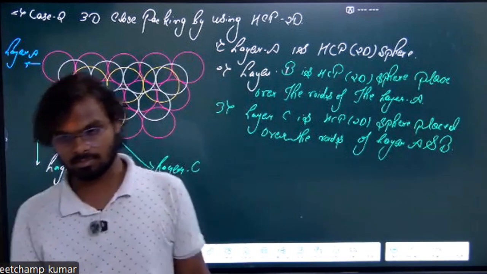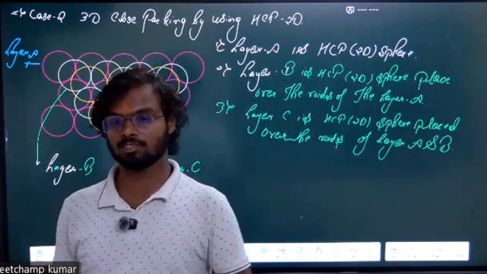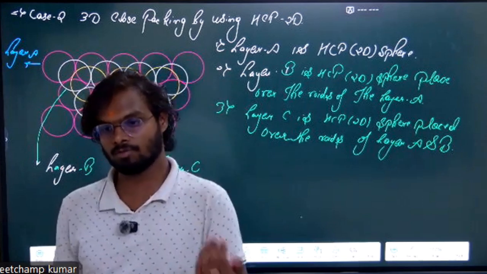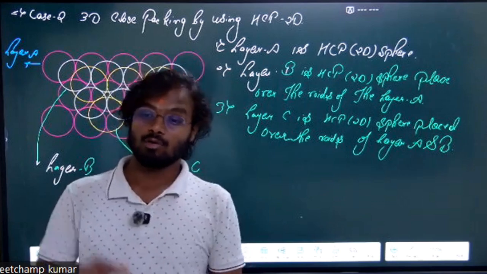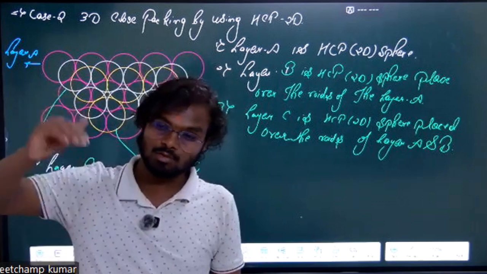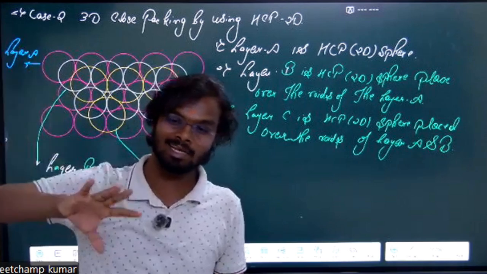First we have layer A, SCP 2D, then we have layer B which is placed over the voids of layer A, and next we have layer C which is placed over the voids formed by layer A and layer B.